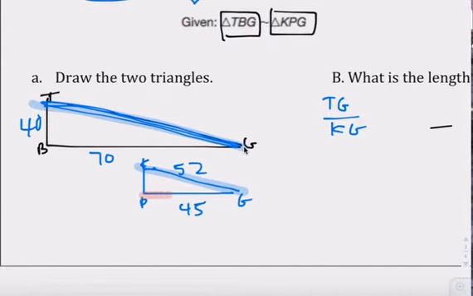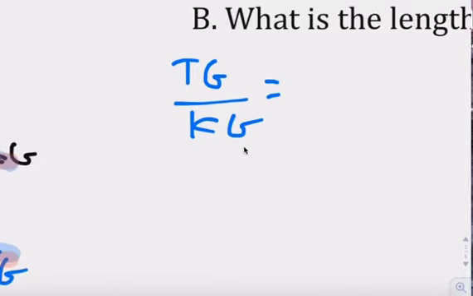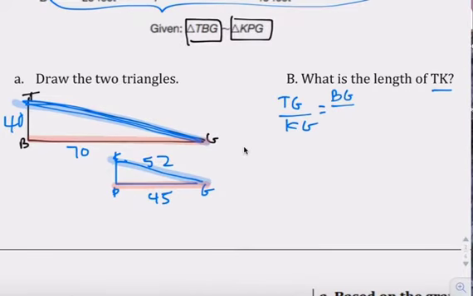Okay, now let's look at this. They have this side right here and this side right there. Therefore, we got both numbers for that. Equals BG over PG.